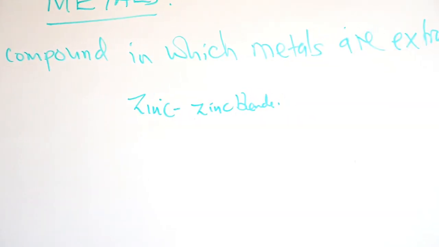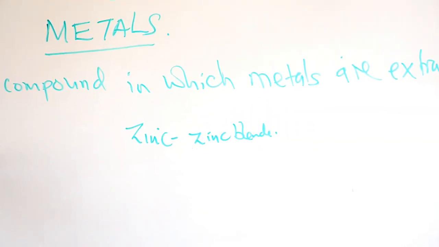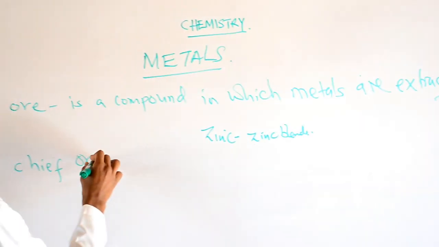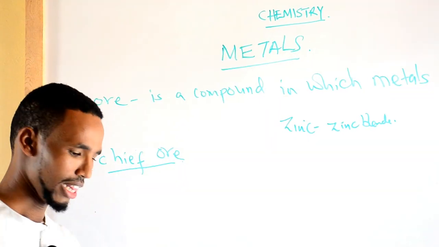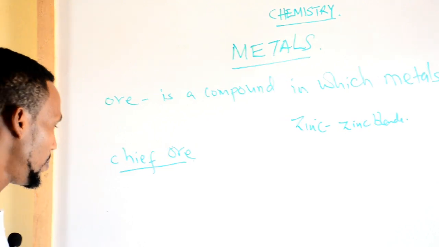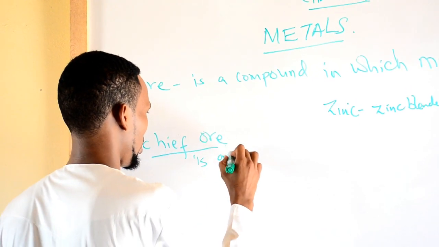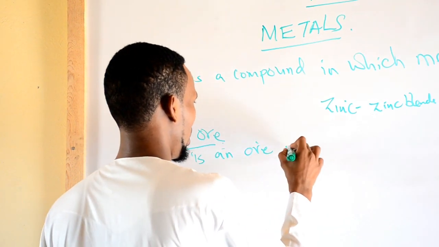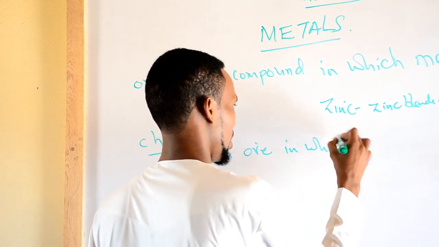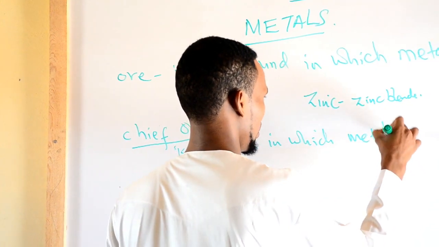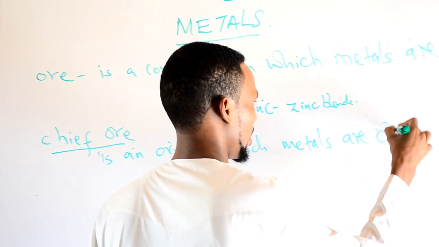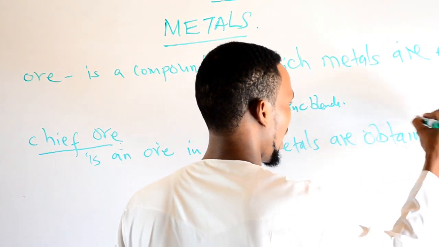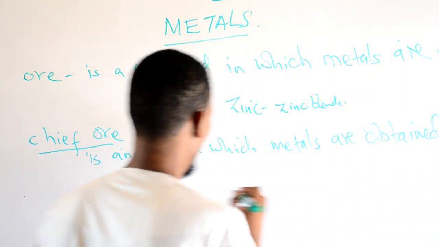But there is something called a chief ore. The chief ore is an ore from which metals are obtained on a large scale.